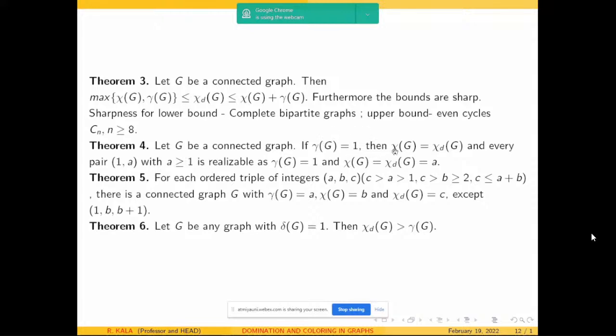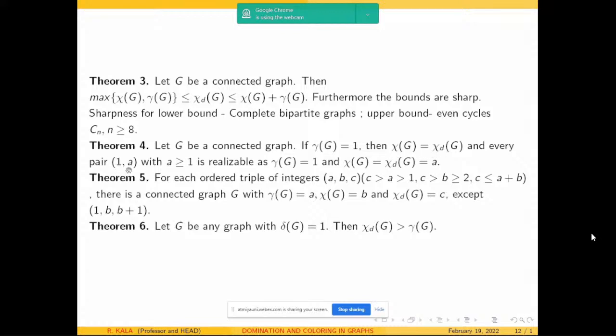So my chi of G will be the same as chi of G minus v, plus 1. And that single vertex alone is enough to take care of chi d. So the proper coloring, the chi coloring itself, will be a dominator coloring. The dominator property will be taken care of by that vertex with full degree. So you have chi equal to chi d.